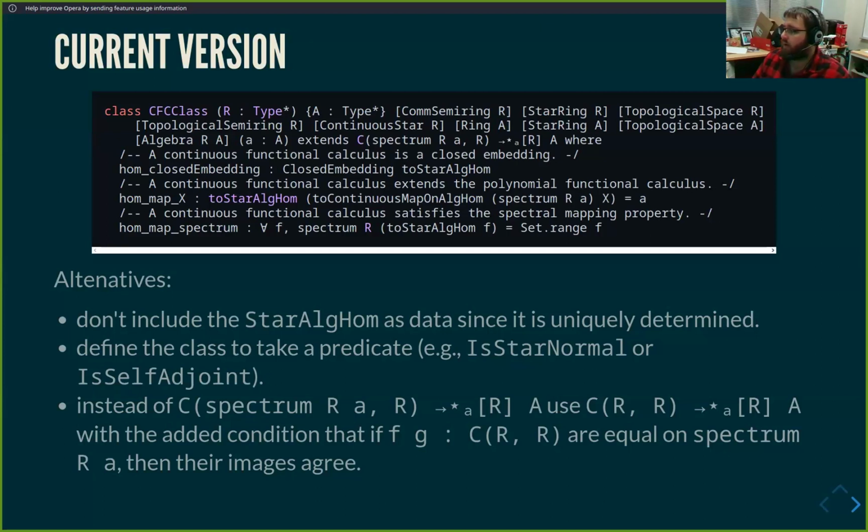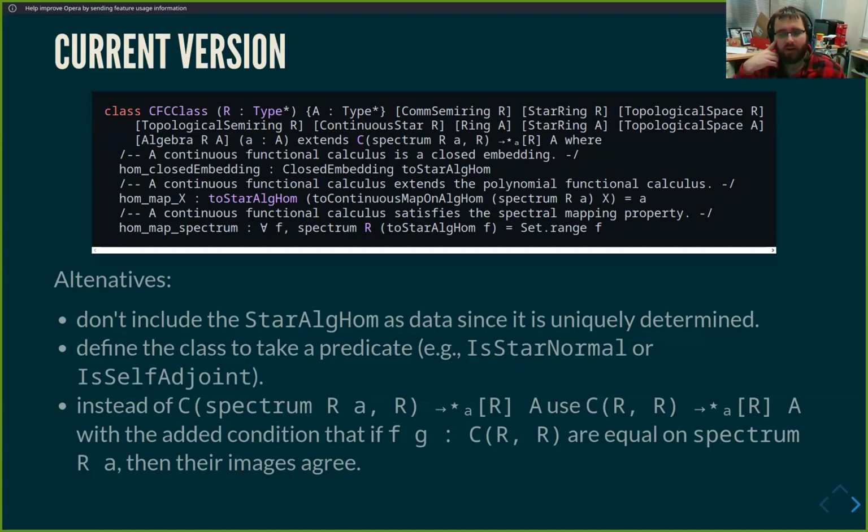And then the other option to really help with the dependent type hell is to talk about continuous functions, not on the spectrum, but just on the full scalar ring R instead. And then you'd have to add the condition that if two functions are equal on the spectrum, then their images under the star homomorphism agree.